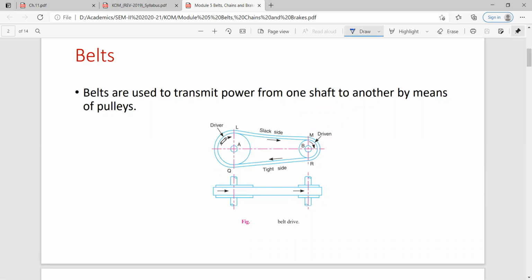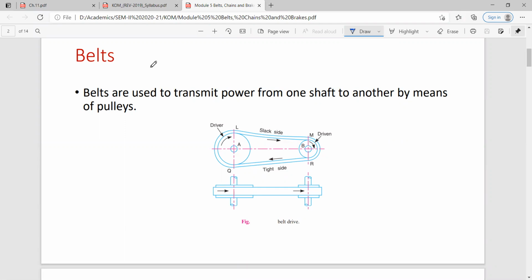Suppose there are two shafts, shaft A and shaft B, and power is generated at shaft A, but your application, your load, is at shaft B. So now you have to transmit this power from the source point to the requirement point.